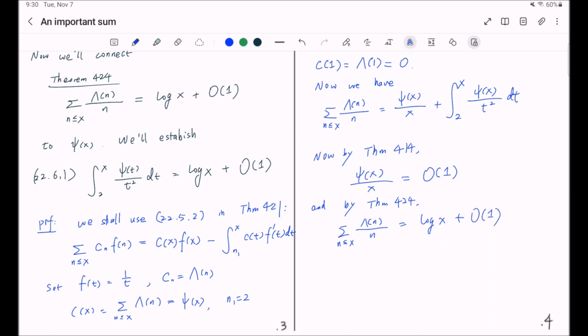And now we're going to plug these two pieces of information back into this equation. And you will immediately see the integration from 2 to x of psi of t divided by t squared dt is equal to log of x plus big O of 1, which finishes the proof of 22.6.1.